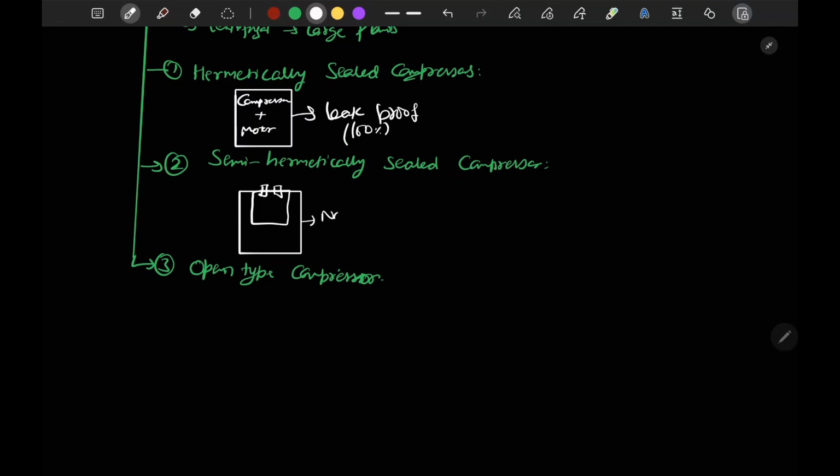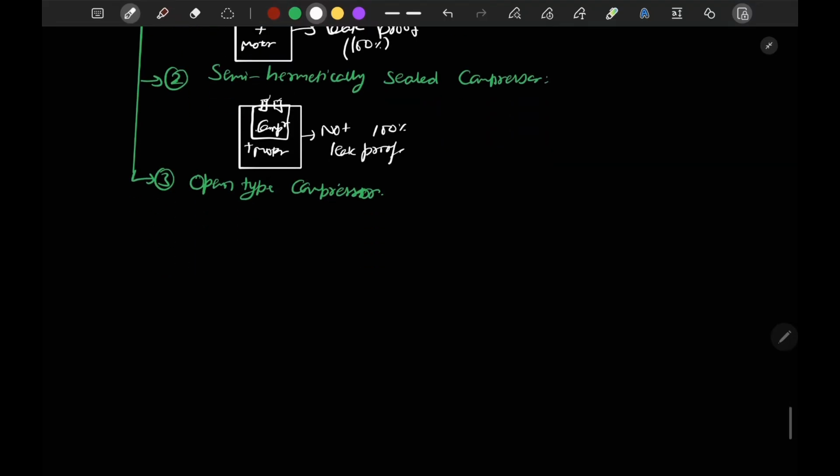Here this is not 100% leak proof. So this is our compressor plus motor, but there are some holes provided, like some area from where we can clean the system.